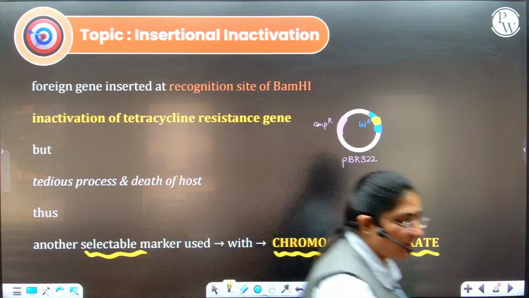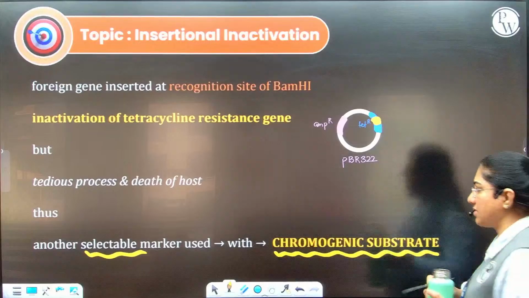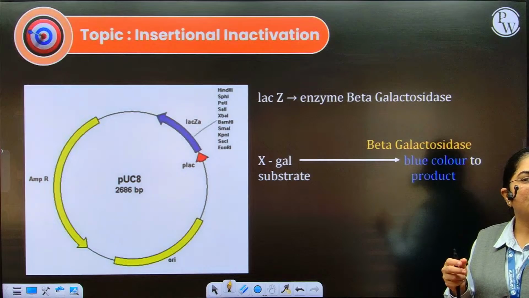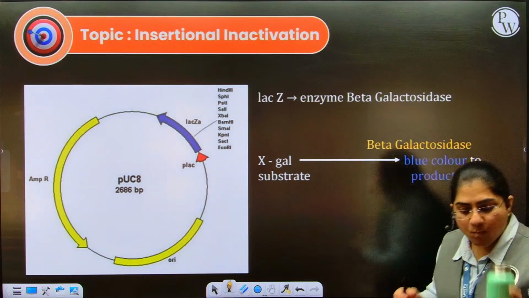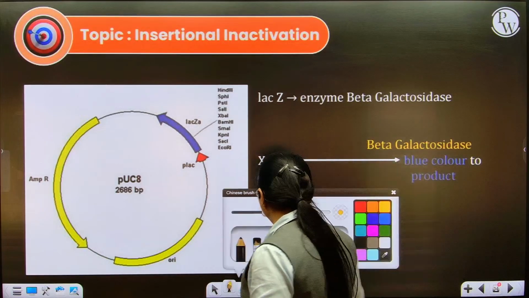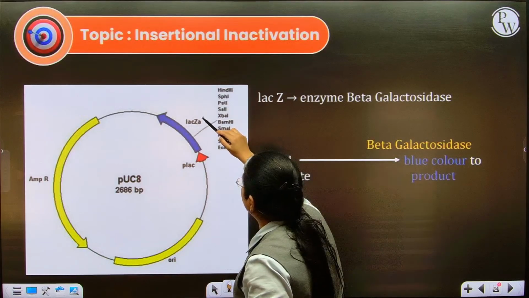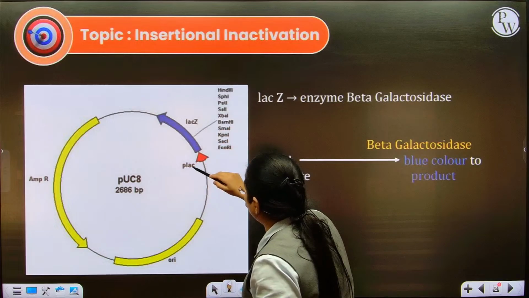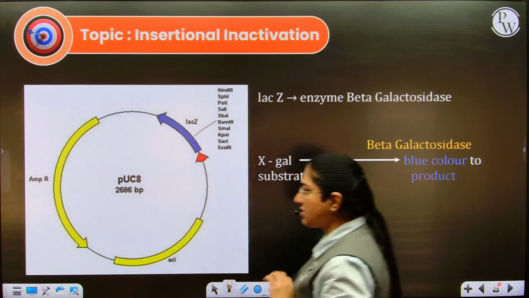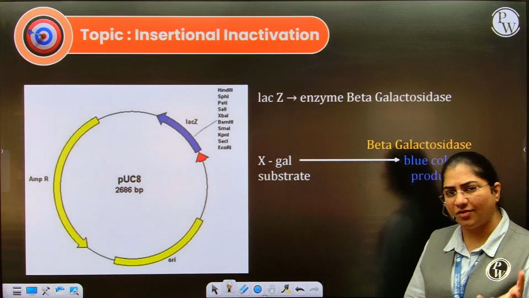Now, how do we use this chromogenic substrate as a selectable marker? Say for example, I am taking another vector which is pUC8. This name is not given in the NCERT, but it's for your understanding.